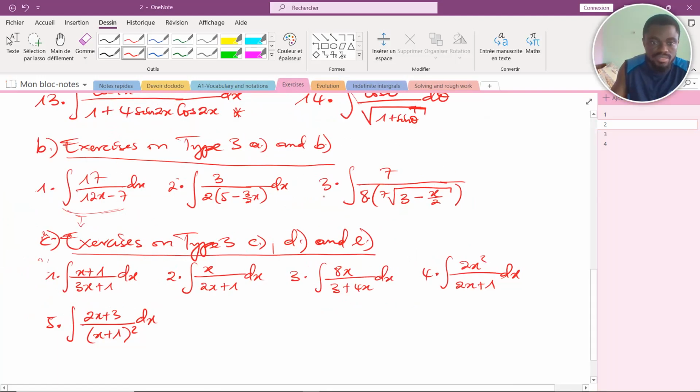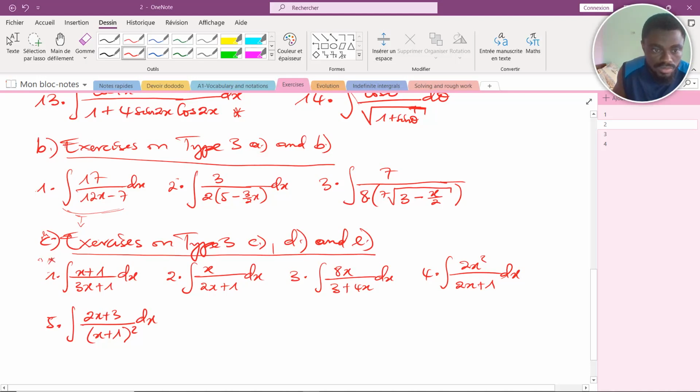So exercises. These are the exercises we are going to do. I'm just going to choose some of the exercises and you shall be left with the other ones, where you are going to exercise yourself.